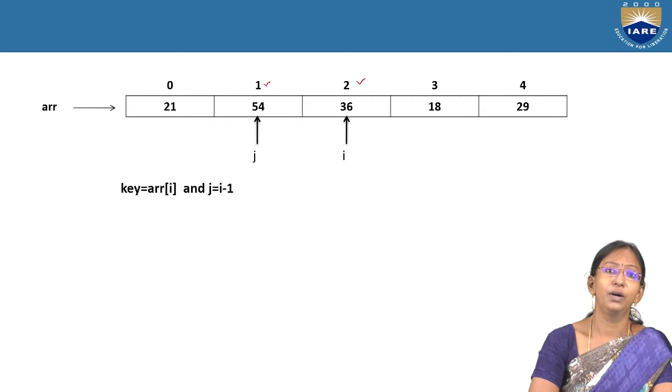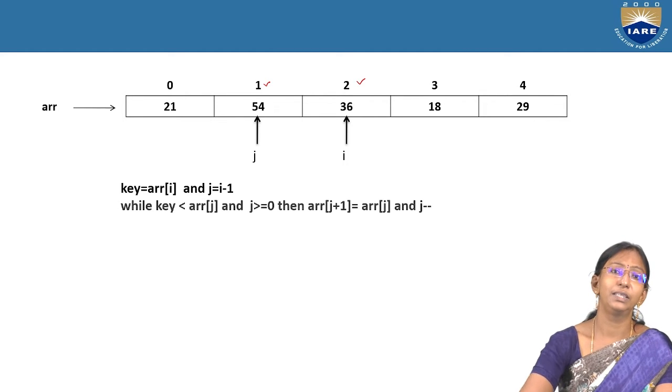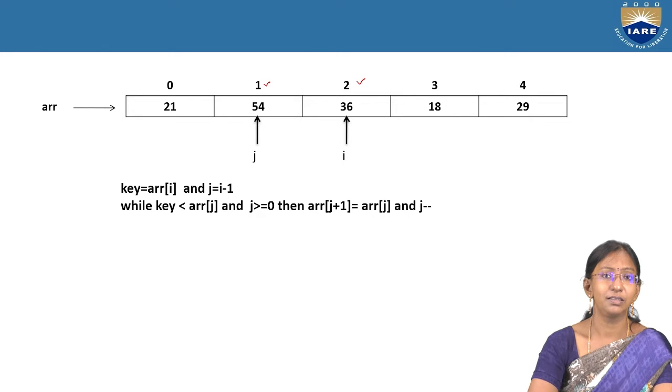So, again, start the comparison between the element pointed by J and the key. Is the key value less than the element pointed by J?